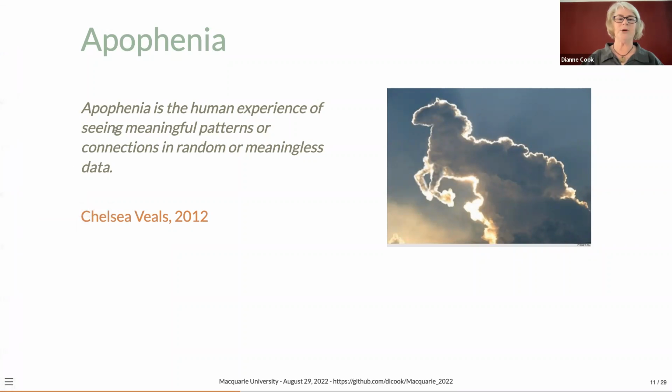So that's actually called apophenia. There is a word for it. Someone else introduced me to this word, which is interesting. And it's a tendency we have to see patterns and connections when really there isn't. It's just random. It's just due to the sample that we have or the way that we've processed things.